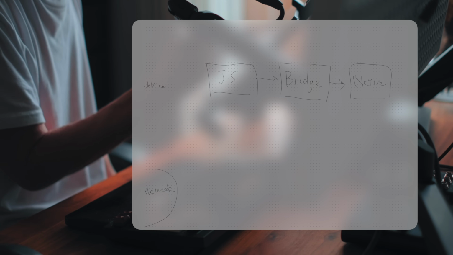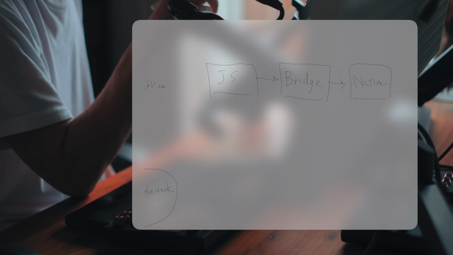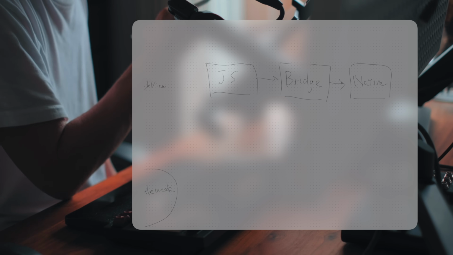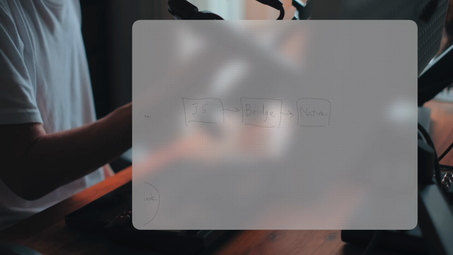So it makes it easy to communicate with native modules in the JavaScript layer. But as I talked about here, this is the bottleneck. Everything you pass to the bridge is encoded in JSON. This is the old architecture.